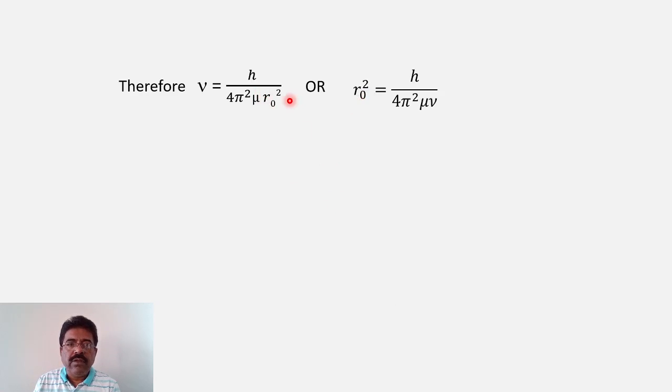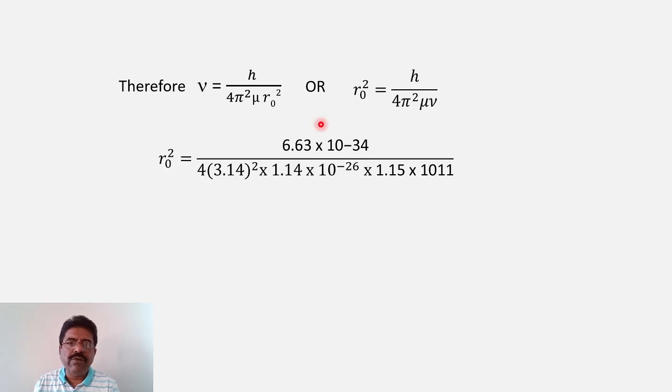Let us rearrange the terms because we want to find out r0, that is the bond length. So r0 square you can take on this side, mu on this side. So r0 square is equal to h upon 4 pi square mu into nu. Let us now substitute the values. h is Planck's constant having the value 6.63 into 10 raised to minus 34 joule second.